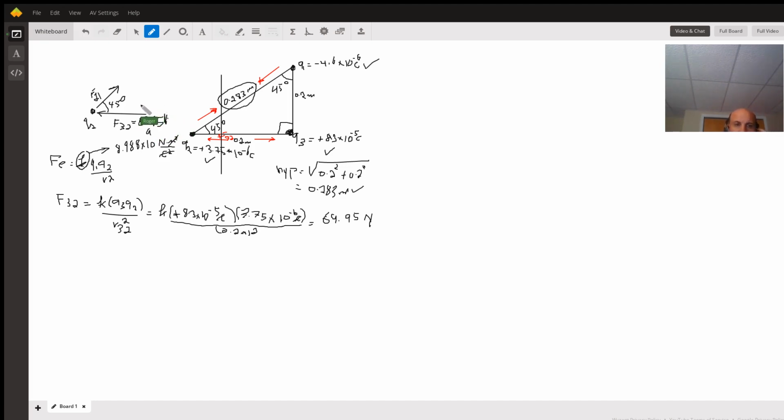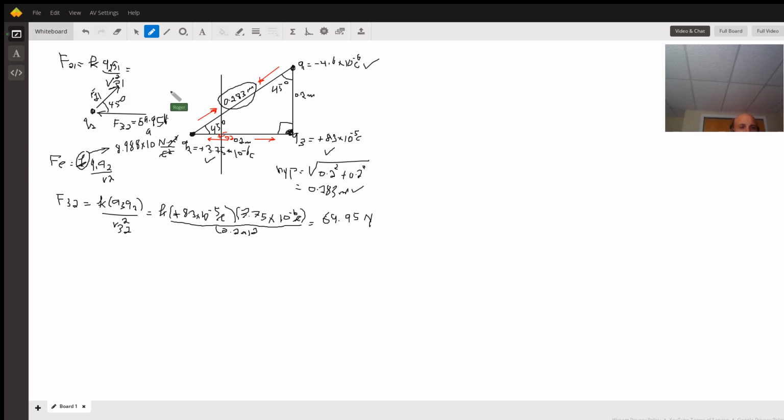So how about F21? Well, F21, which is this force, is going to be K, which is the same, times Q2 times Q1, over R between 2 and 1, so R21 squared.